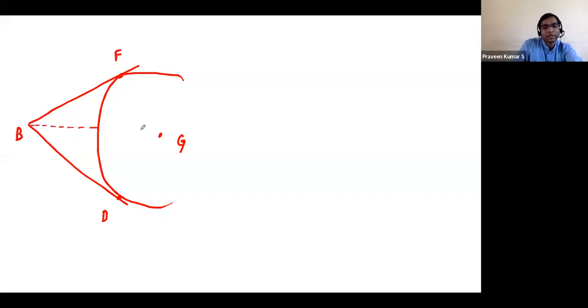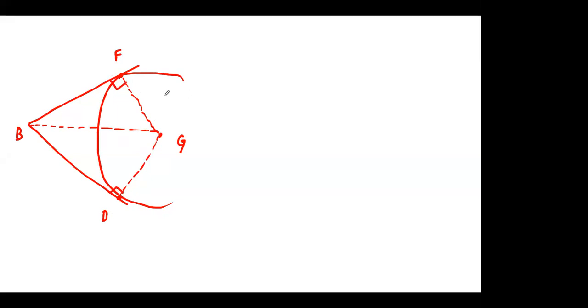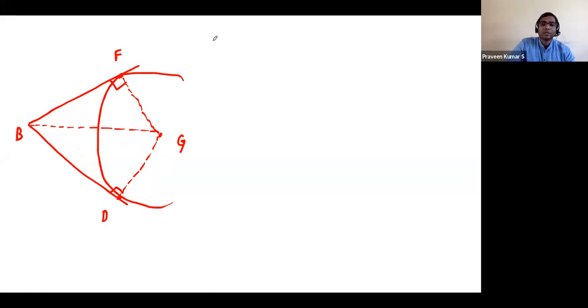Now if I join this here, BG, and if I join this like this, GD, you know that they are perpendicular, and you know that GF is equal to GD. This is nothing but the radius of the incircle.